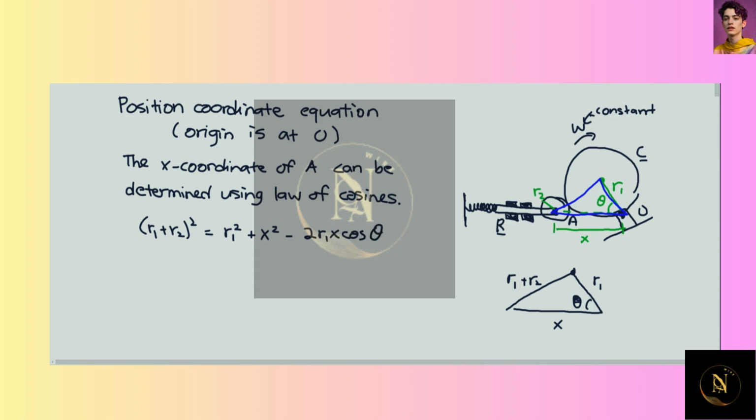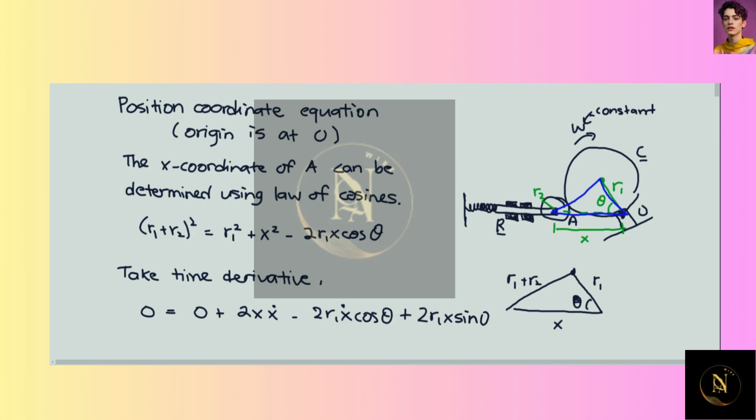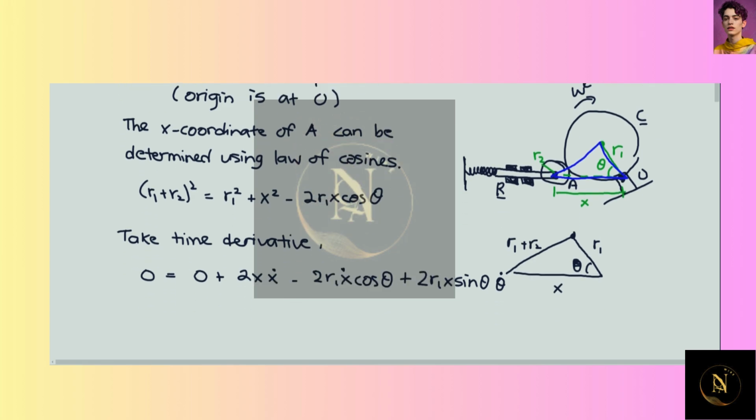Then if we take the time derivative of the equation, we have 0 equals 0 plus 2x x dot minus 2 r1 x dot cosine theta plus 2 r1 x sine theta theta dot. Because if you differentiate cosine theta, you get minus sine theta.